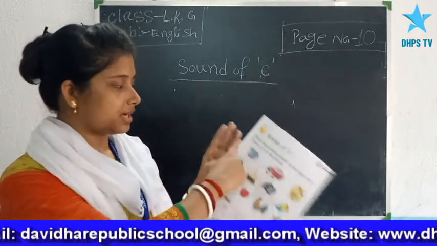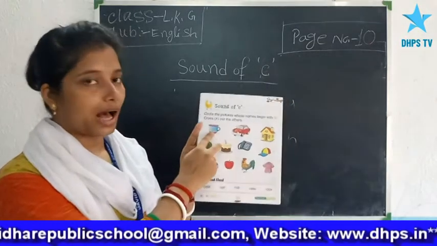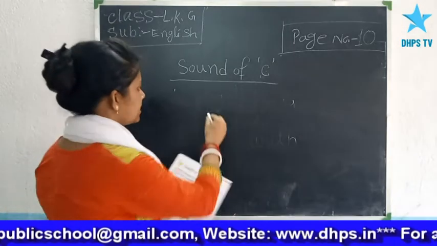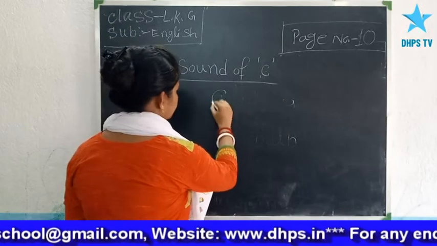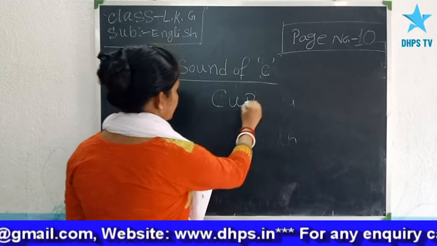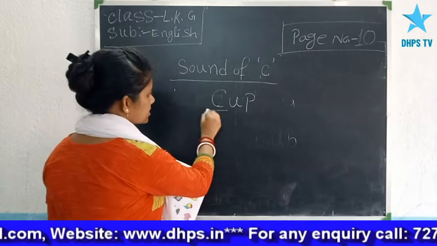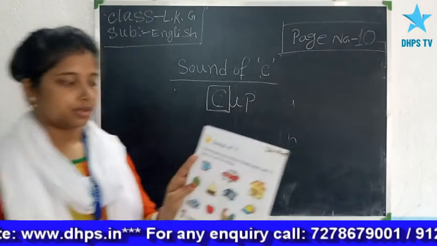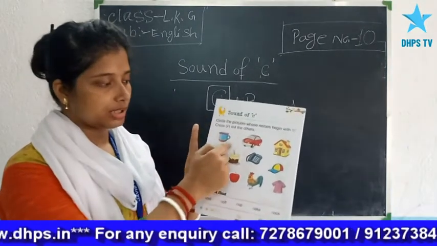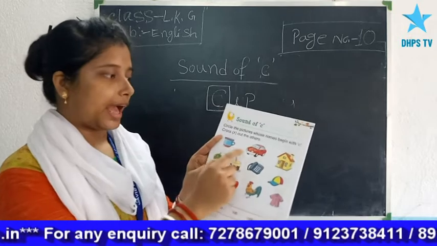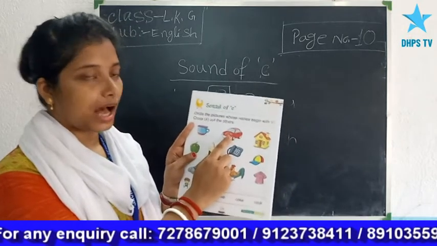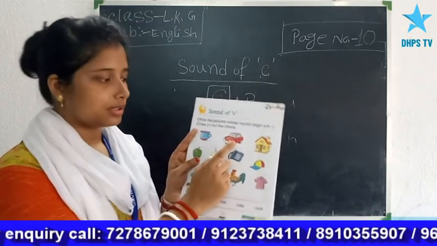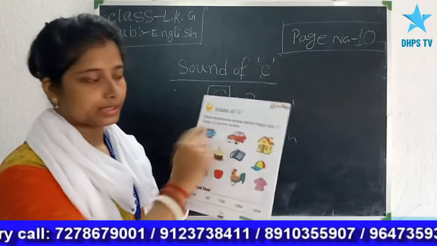The first picture is a cup, and cup spelling is C-U-P, cup. So cup starts with C, so circle around the cup. And next, what is this? Car. C-A-R, car. So circle the car.